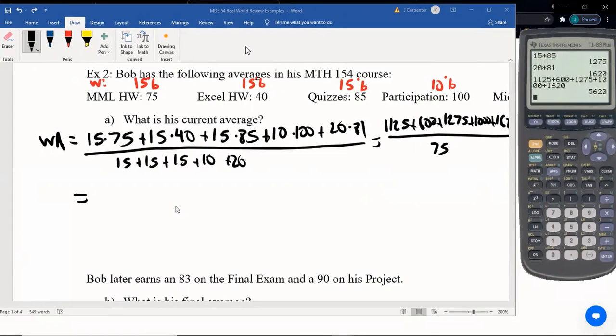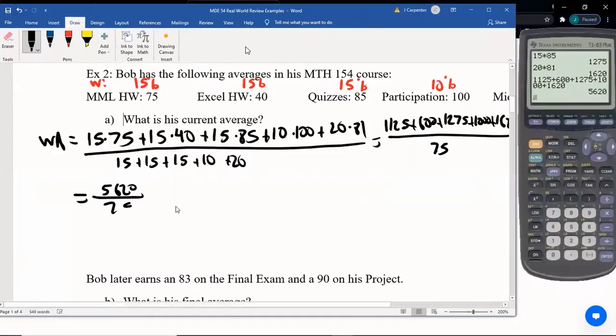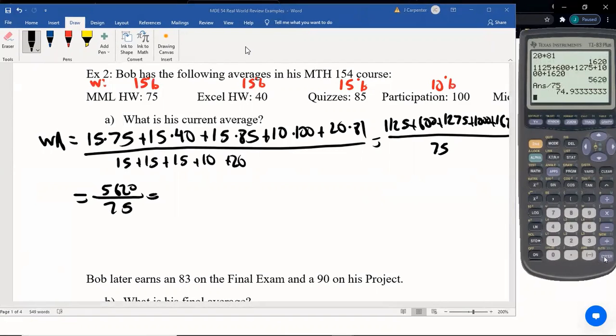That's 5620 divided by our 75. So we can just take that and divide it by 75. And we get 74.93. Let's just round that to the nearest tenth and call it a 74.9.